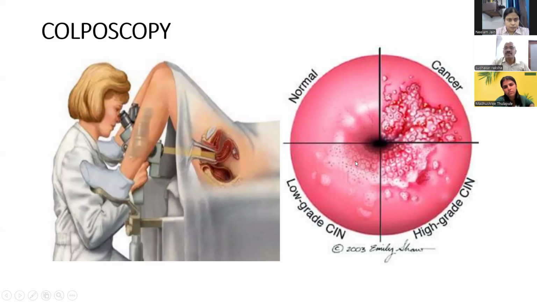If there are some lacerations or abrasions, this is low grade LSIL, low grade squamous intraepithelial lesion or cervical intraepithelial neoplasia. This one is high grade. Here you can see an ulceroproliferative lesion. This is cervical cancer. This quadrant shows the cervical cancer, which is an ulceroproliferative lesion. So this is normal, and the ulceroproliferative lesion is the cervical cancer.